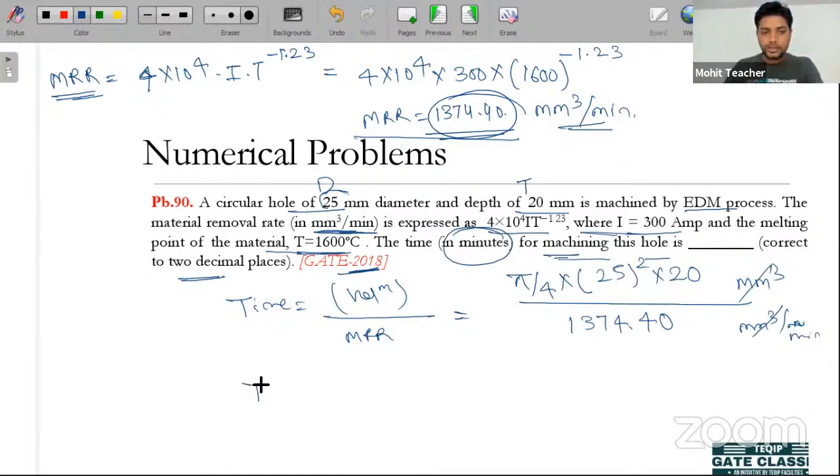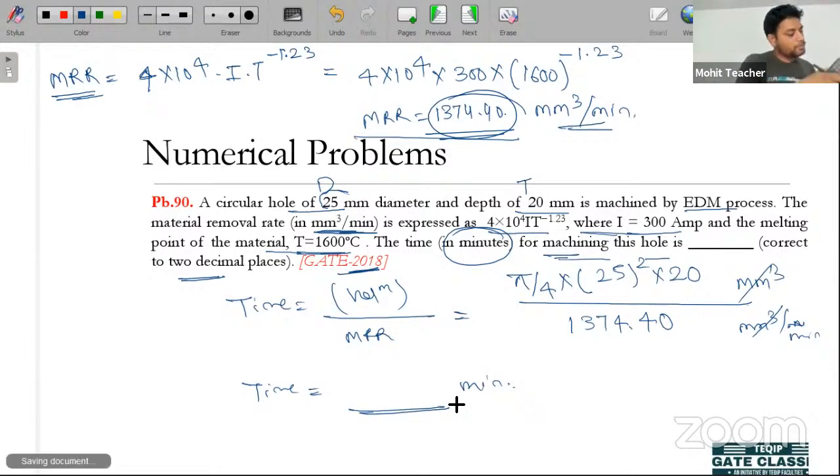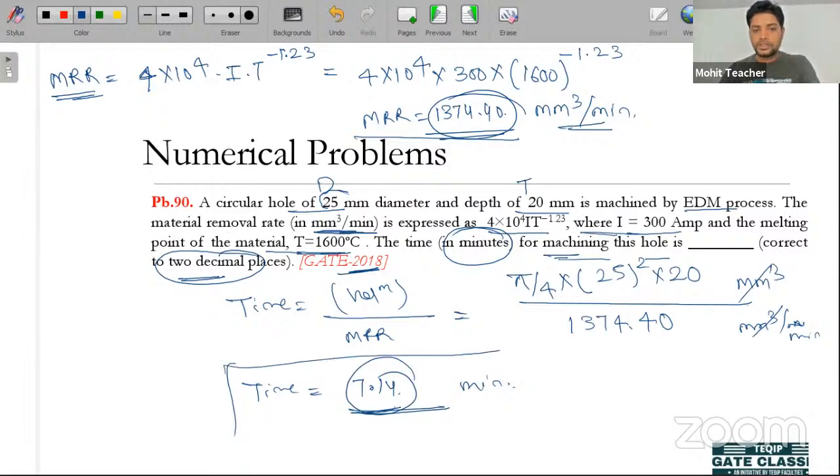So tell me the value. It is 7.143, and since we have to calculate up to 2 decimals, this will be 7.14 minutes. So this will be the answer.